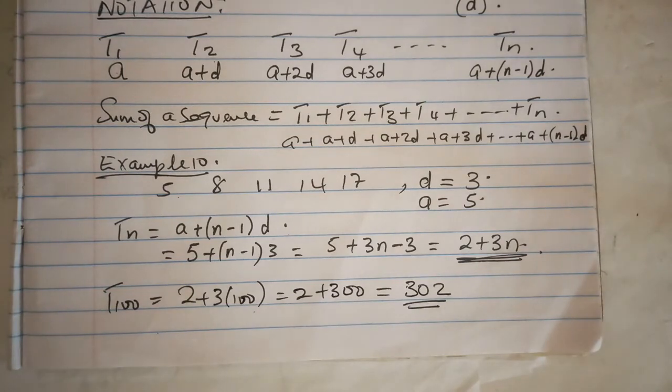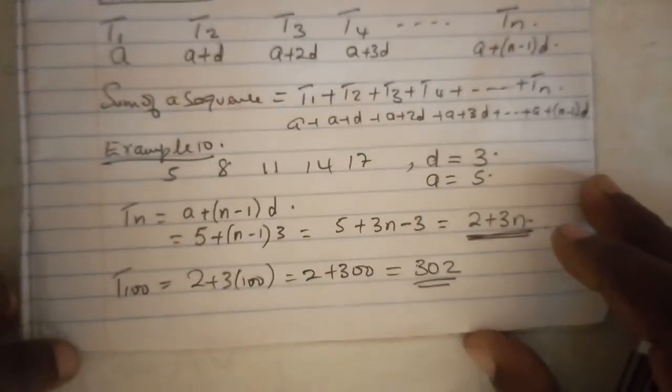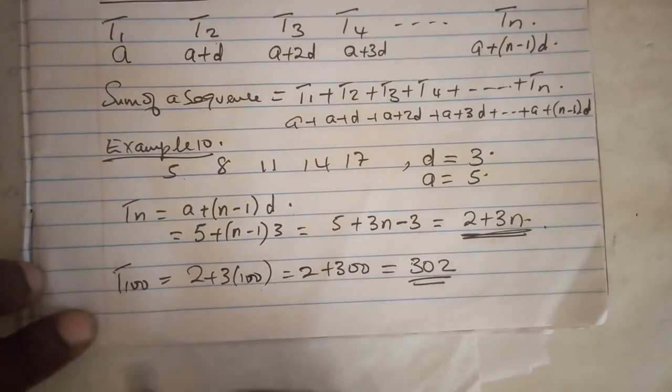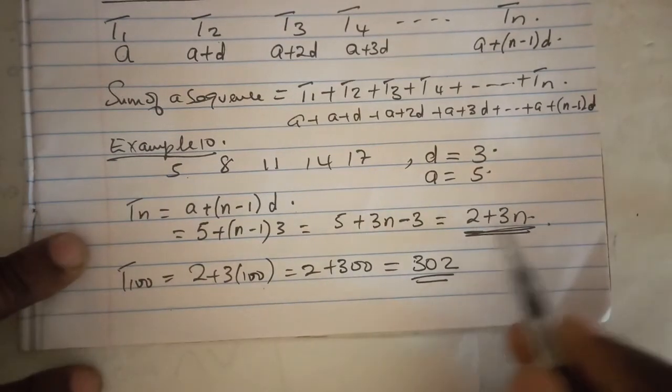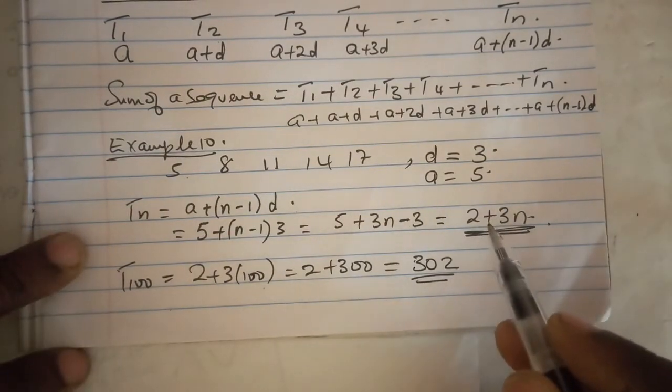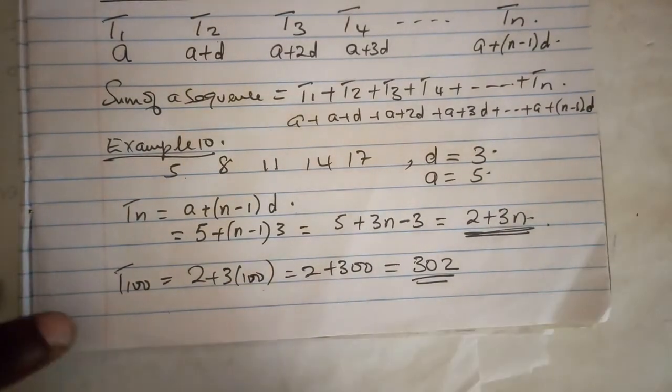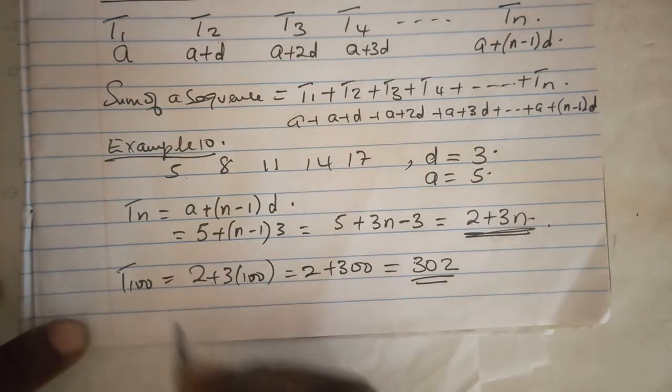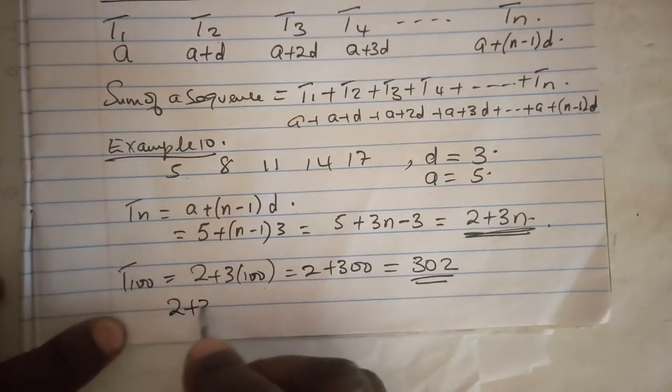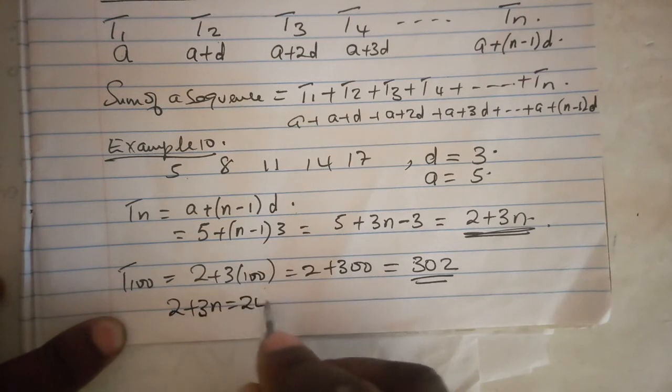Part C: is 243 a term of the sequence? That is the question. To answer this question, 243 must fit in this formula. If it doesn't, then it is not a term in the sequence. So we say, can 2 plus 3n give us 243?